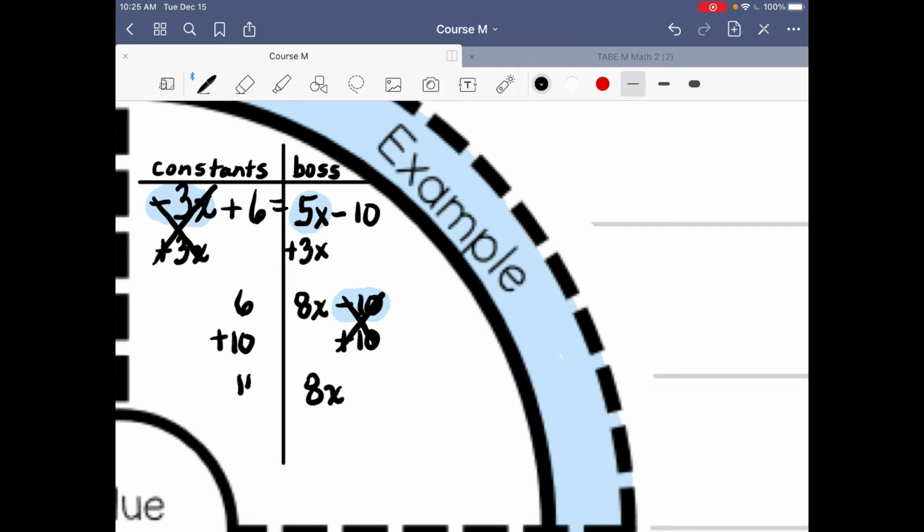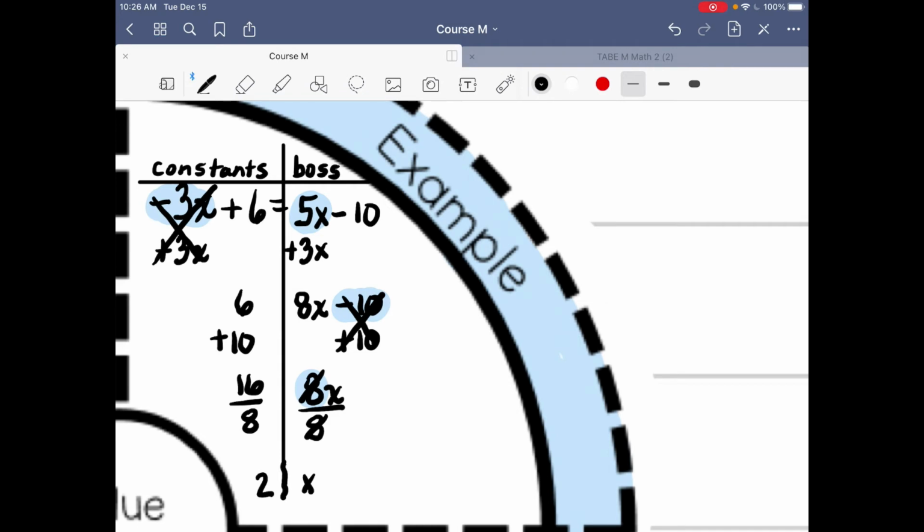So 8x on one side, 16 on the other. And ask yourself what needs to move. The coefficient needs to divide away. So we will divide both sides by 8. And I'm left with x and 2.